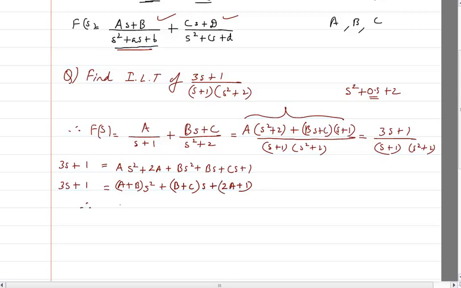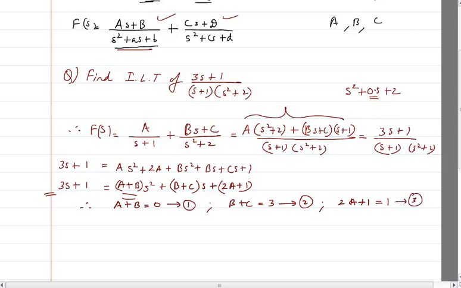Therefore the first equation is a + b = 0, because the coefficient of s² here is 0. The second equation is b + c = 3, and the third equation is 2a + 1 = 1.